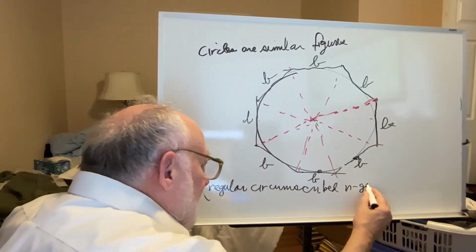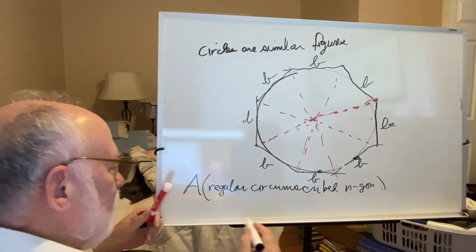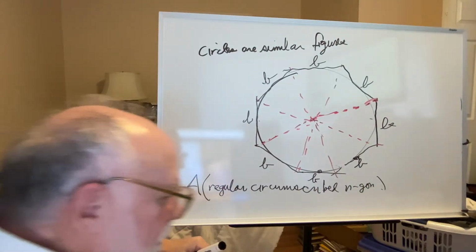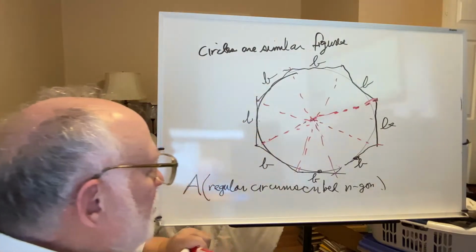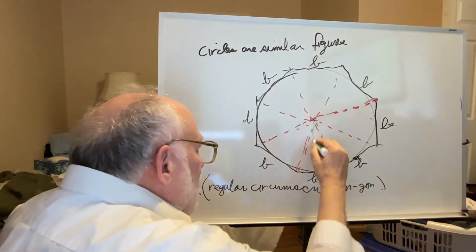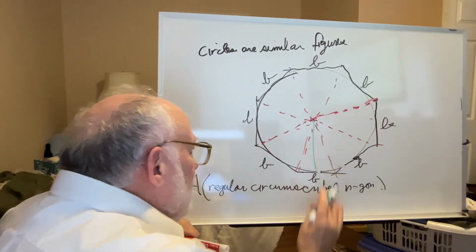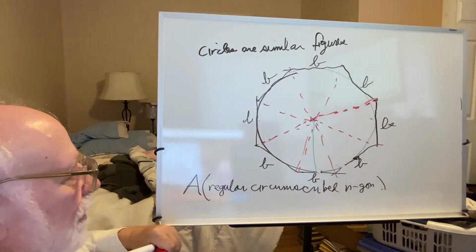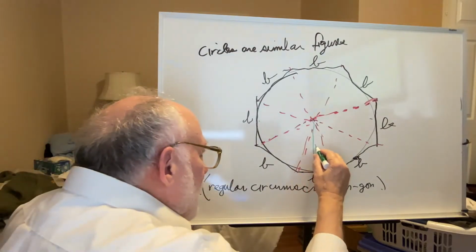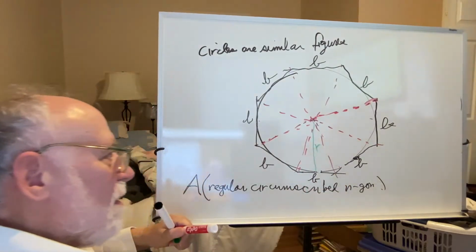Well, one thing to notice is, what's the altitude drawn here to this base? It's going to be the radius of the circle, right?